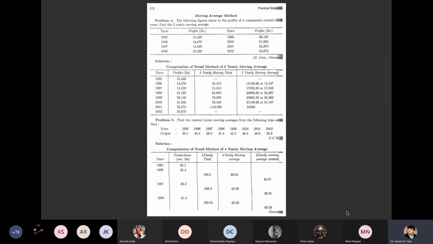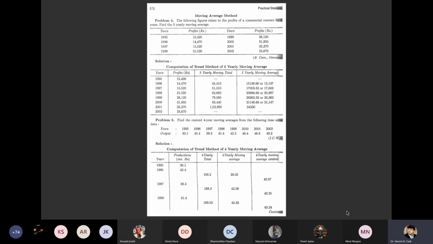Fine. Now, how will you get the second entity? Skipping the first element, the first year is eliminated and again make a bunch of three. That comes to 1996, 97 and 98.